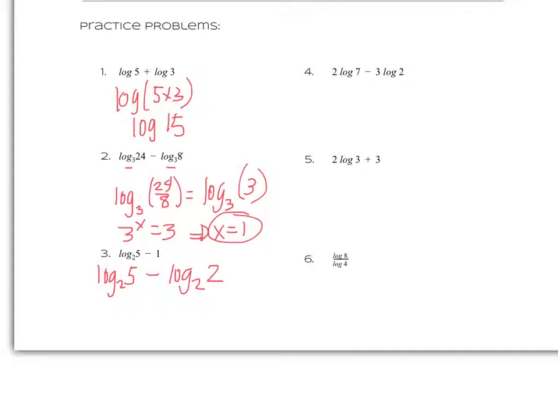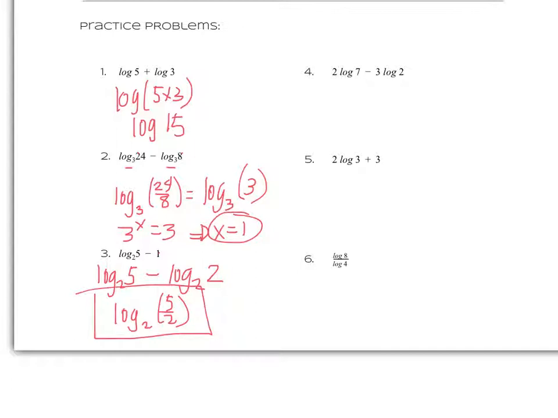Isn't log base 2 of 2, when these cancel, a 1? Now that I'm in base 2, I can use the rules. And this gives us log base 2 of 5 over 2. You kind of just finish it right there. So if you notice you do not have the same base, you have to use some tricks so that we can get the same base to follow the rules.